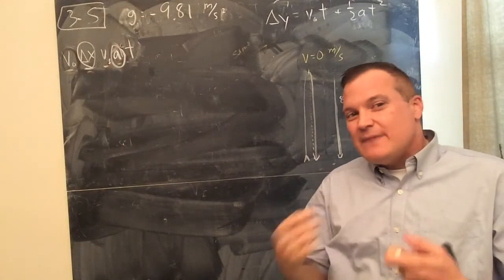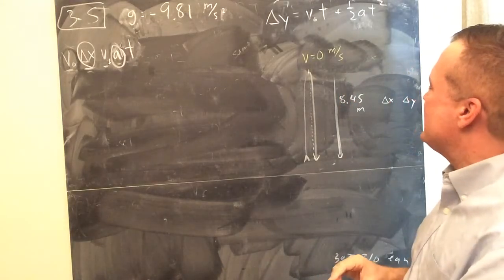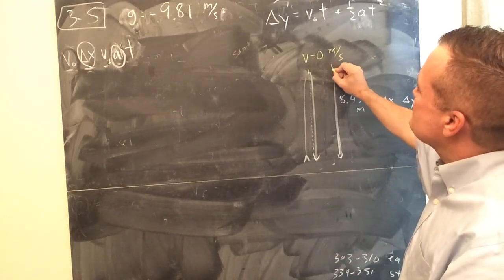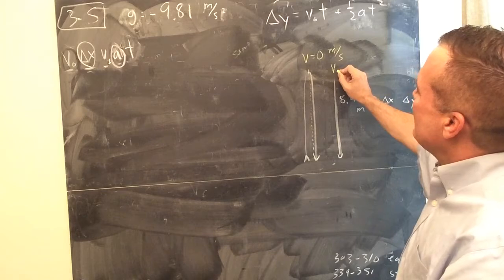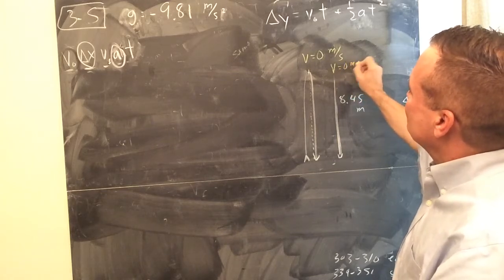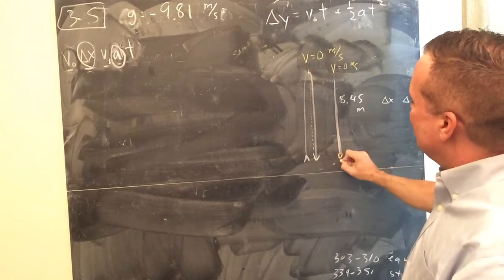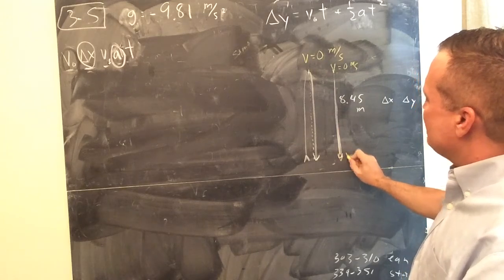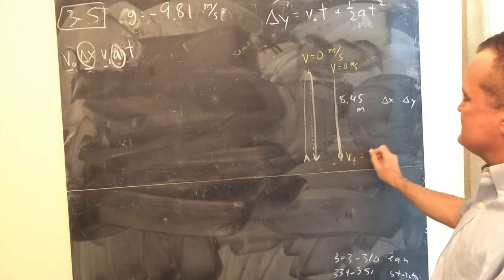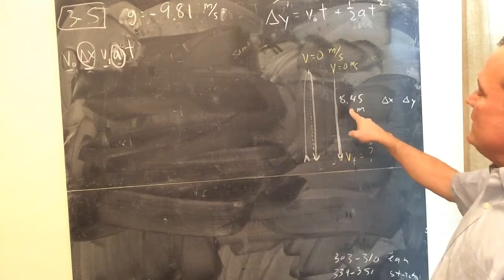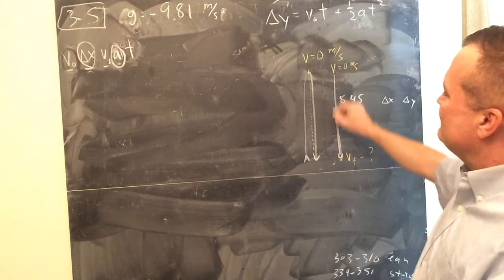So we could imagine a problem and just say, let's imagine that you started right here at a velocity of 0. And you just dropped it straight down and it went down here. And obviously it's not going to be 0 when it strikes. We don't know the final velocity, but we do know that it went 8.45 meters.